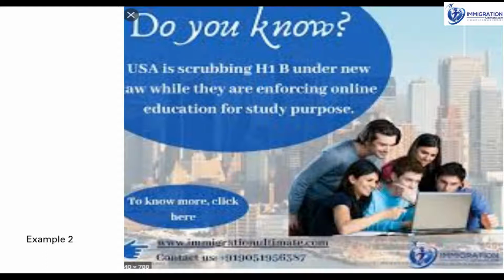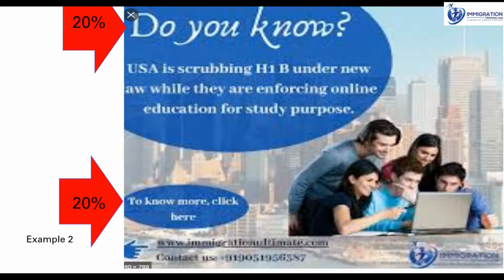You can see the 20% work is actually done on "Do you know" and "To know more". That attracts the people directly. And with this 20%, 80% of the work automatically happens inside the customer's mind.